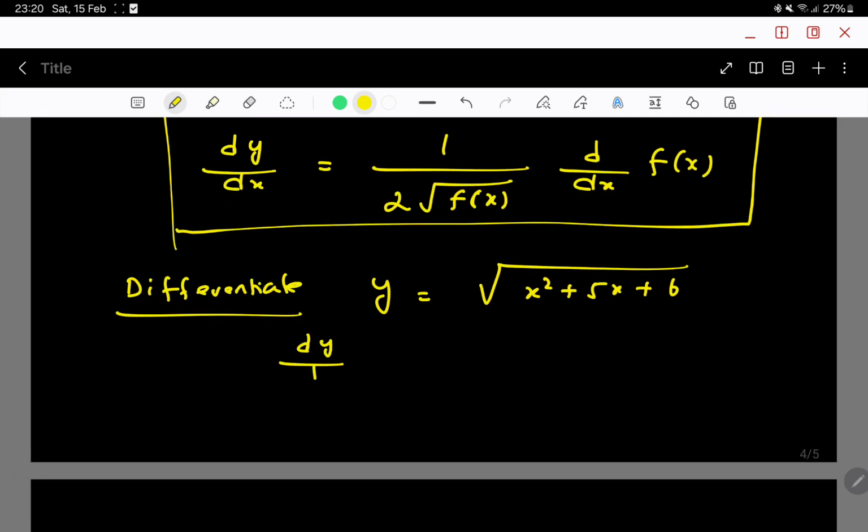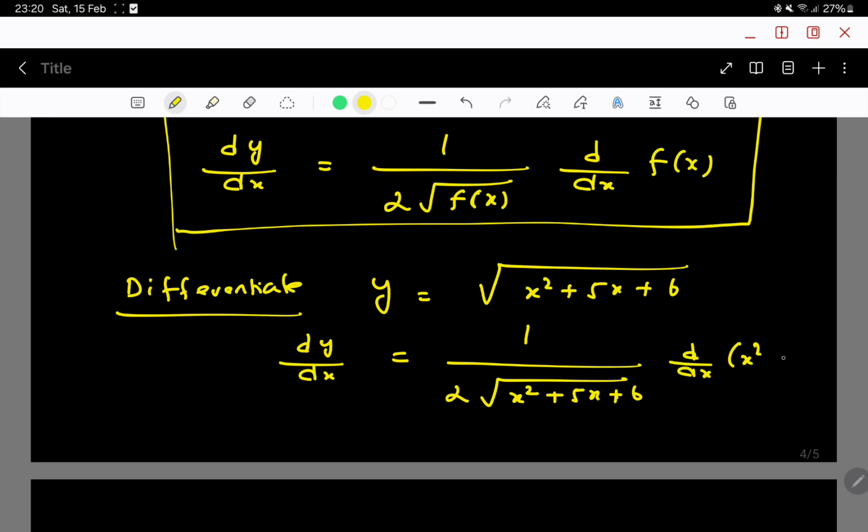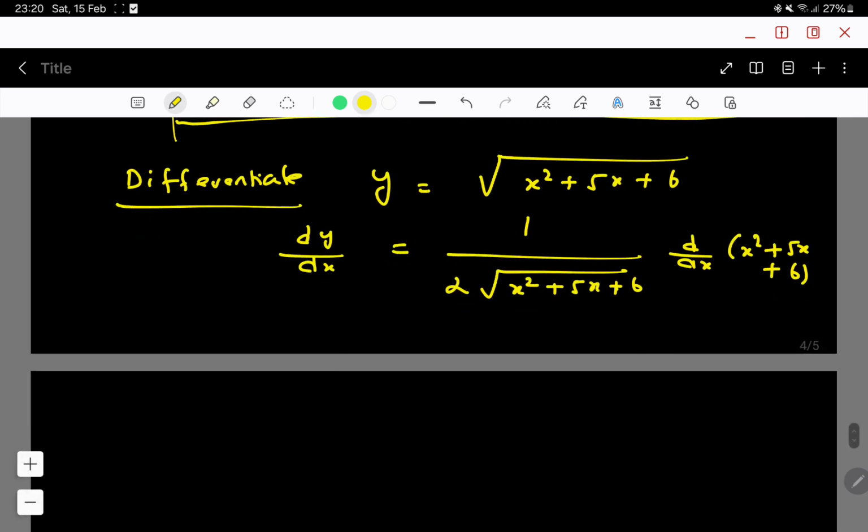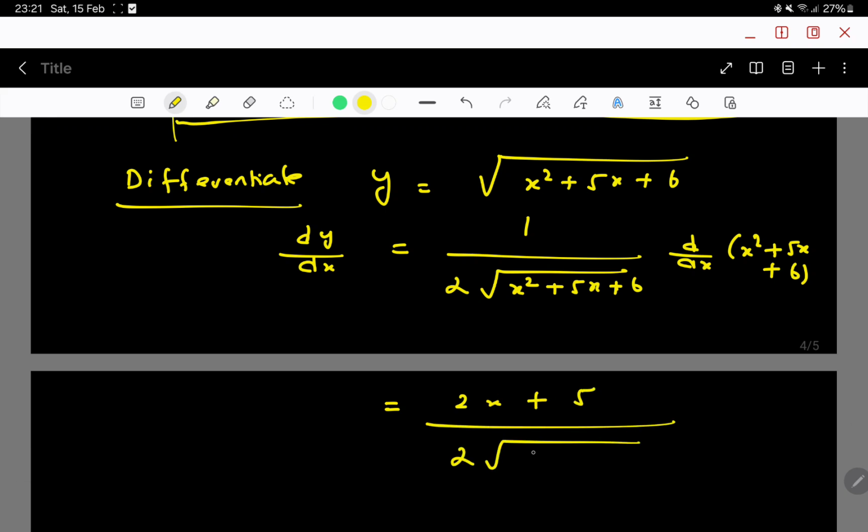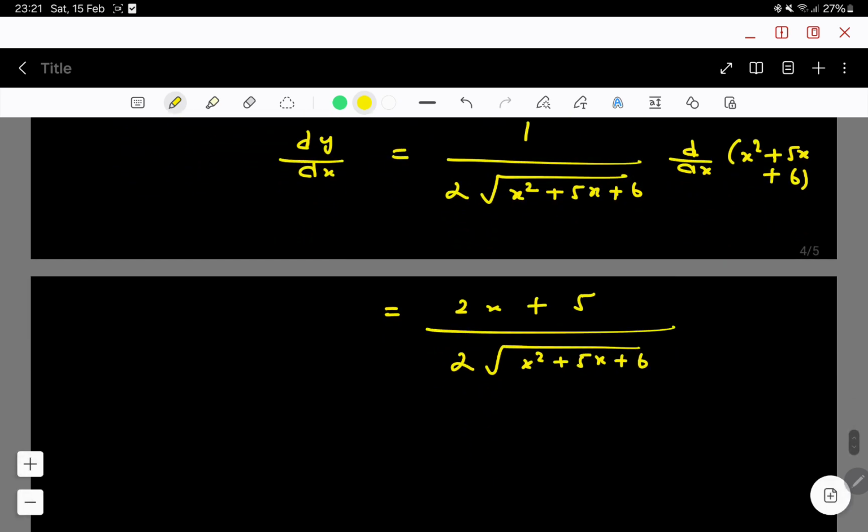So dy by dx equal to 1 by 2 into under root of x square plus 5x plus 6. Again differentiating the function d by dx of x square plus 5x plus 6. D by dx of x square is 2x plus 5 into 1 plus 0 by 2 into root of x square plus 5x plus 6.